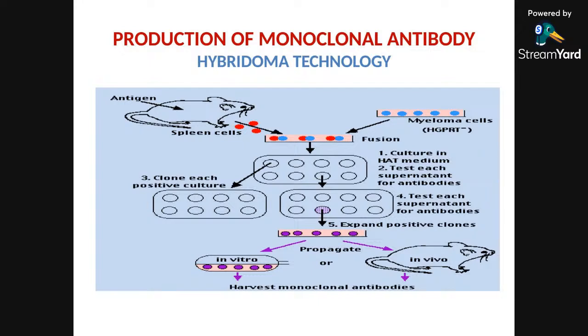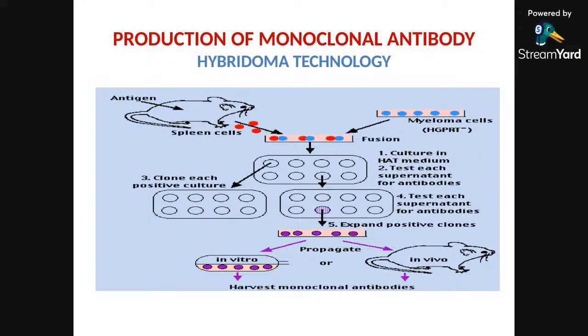Here, spleen cells, induced by the antigen, will produce antibody. For example, if you take a mouse, the antigen is induced and then produces spleen cells, over 1 to 4 weeks. Totally, the antigen induces the particular immunity system in the mice.